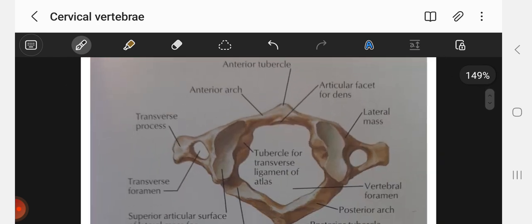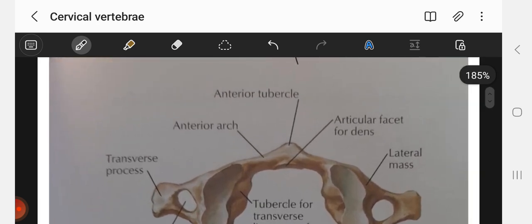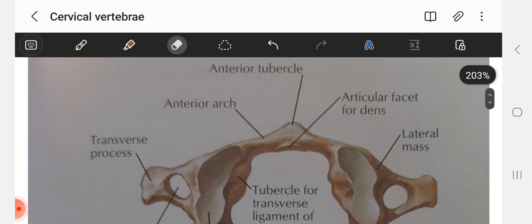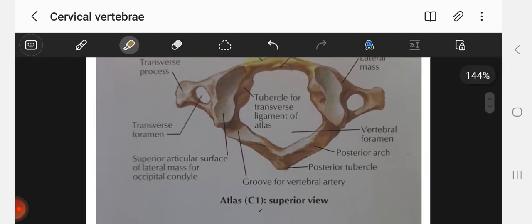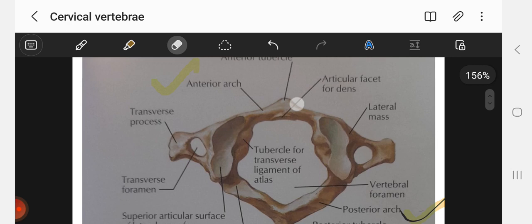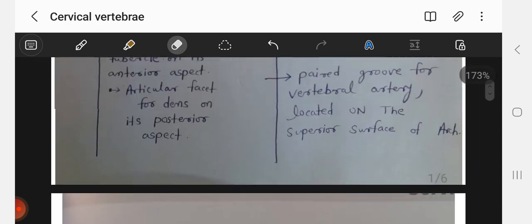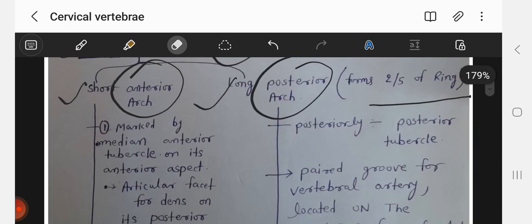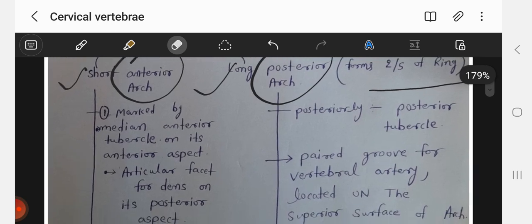So look at this image. This part you see is the anterior arch, and if you see posteriorly, all of this is the posterior arch. So what are the features of the anterior arch?